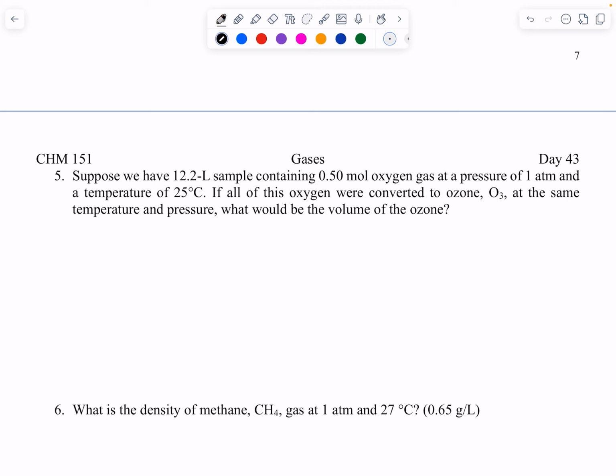So we have what here? I have oxygen gas, O2, and that's going to O3. Well, let's see. I would need to put a 3 here and a 2 there. What do we have?